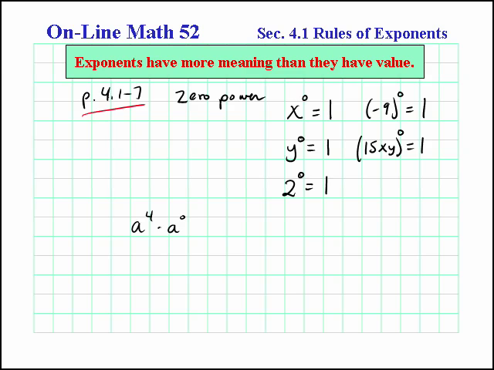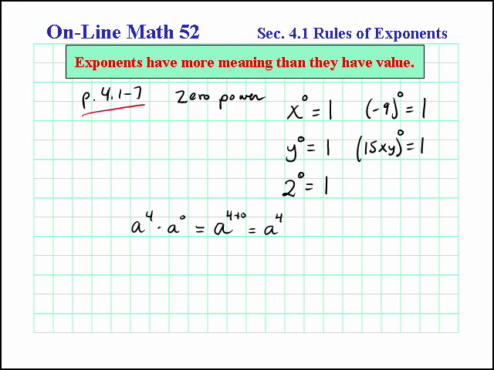Well, let's think about this for just a moment. A to the 4th times a to the 0. We have this product rule that says, if you have the same base, a, then we can add the exponents, 4 plus 0. And in adding the exponents, what is 4 plus 0? That's right, it's just 4.